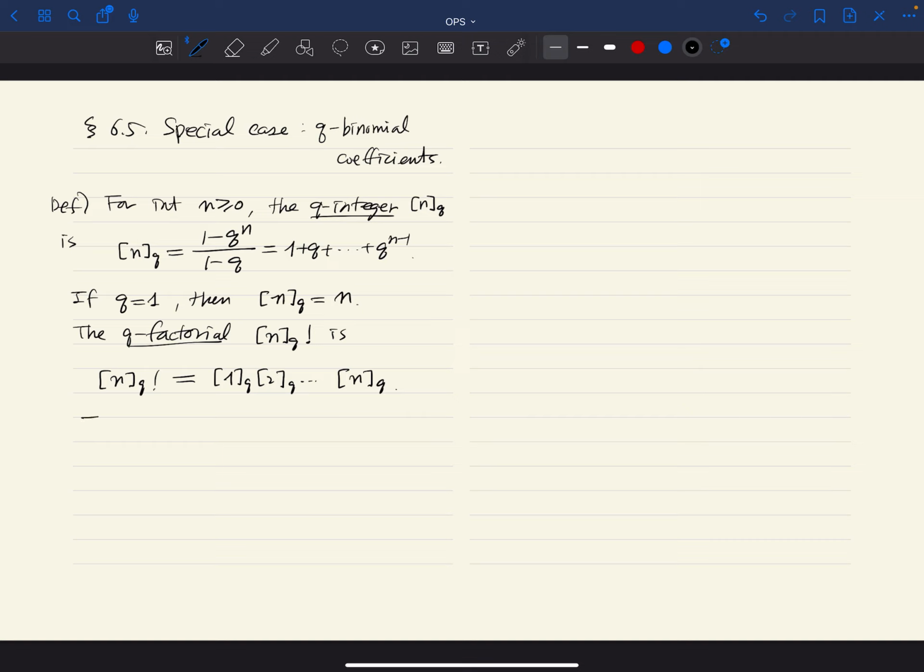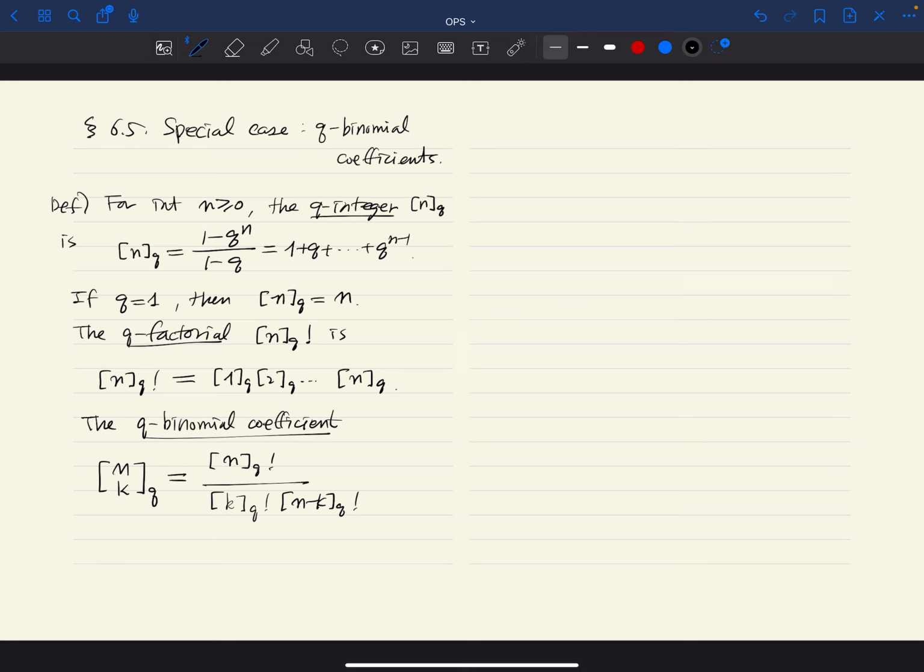And the q binomial coefficient, which we denote with brackets, n at the top, k at the bottom, with sub q, is defined just like the binomial coefficient with q factorials: n q factorial over k q factorial, n minus k q factorial.